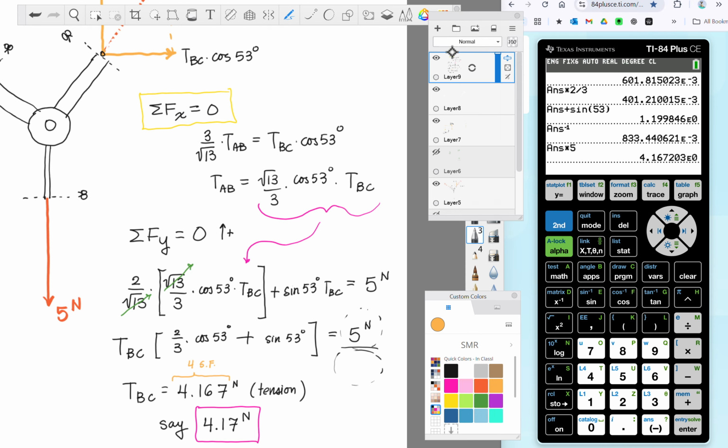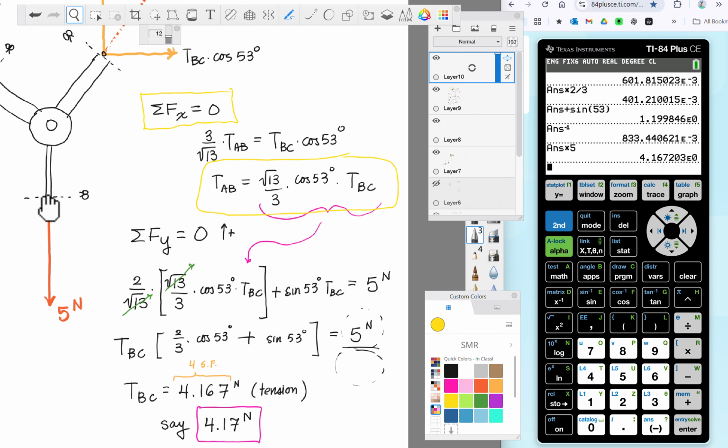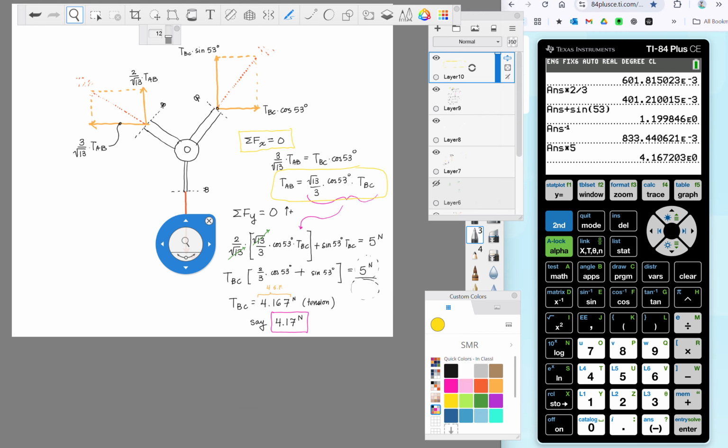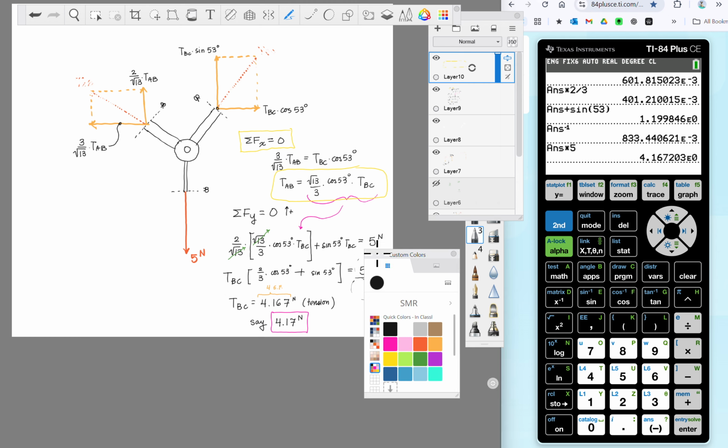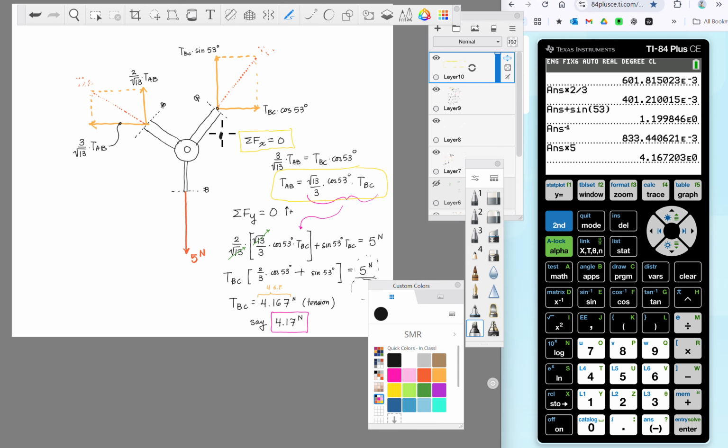Okay, and now we have to go back and solve for TAB. So we're going to jump back to this equation right here, and we're going to plug in. And let's pretend like I was doing this in an exam situation. Man, I would really love it if this was an exam situation. If you numbered your work like this, then I would know where to start and where to go, like when it goes all over the page like this is about to do.